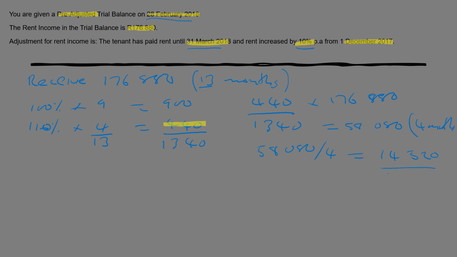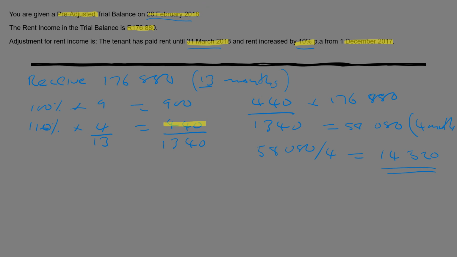Right, so that's the amount of rent that we're receiving monthly from December. Since we only have 1 month that is received in advance, we just have to deduct that 1 month of rental income after increment.